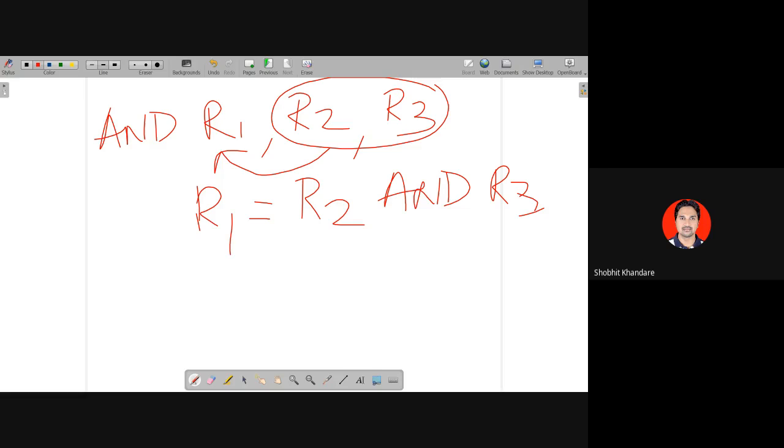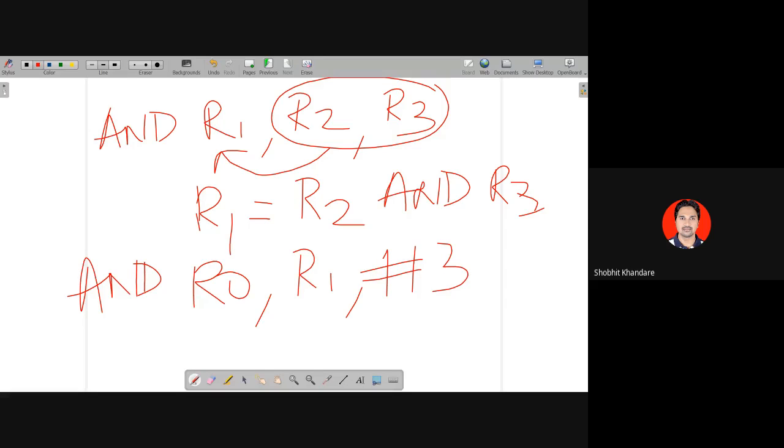Let me give you the other example of AND operation. If I am writing AND R0, R1, #3, what is this AND operation doing? This instruction will logically AND the content of register R1 with immediate data 3.